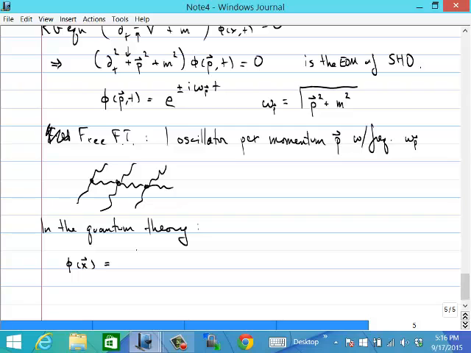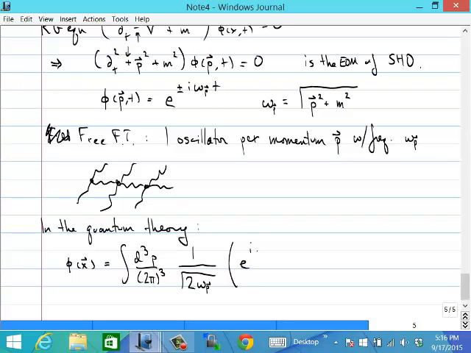So we want to think of it as the integral d3p of e to the ipx times some other operator. Okay. And in fact, I'm going to introduce a normalization factor that's going to make our life simple. At this point, it's just a definition of the operator that I'm going to write down.